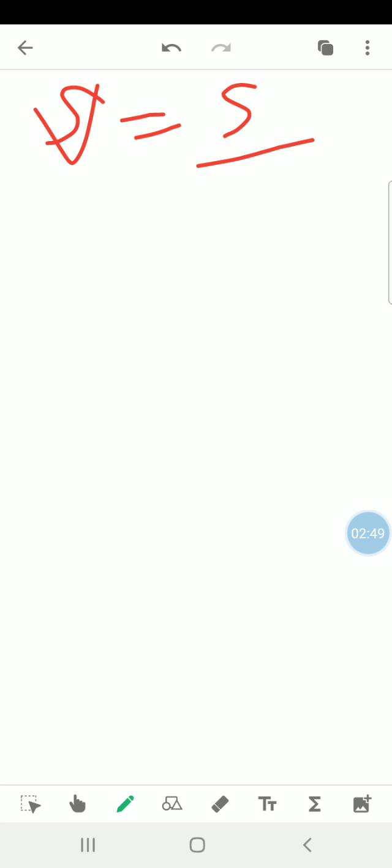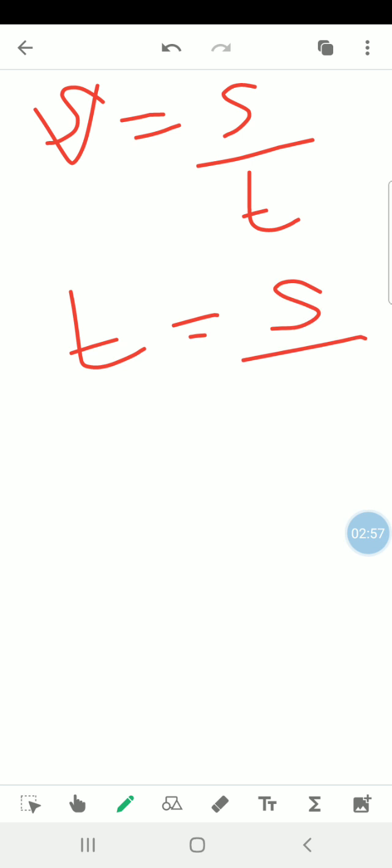Now, what is the equation for time? What is the equation for speed? Speed equals displacement over time, or rather velocity equals displacement over time. Then time is equal to displacement over velocity. So in this particular situation, the time is what they are asking.